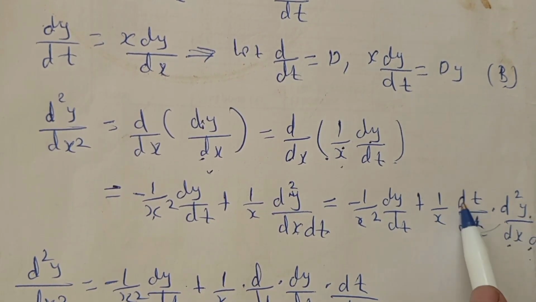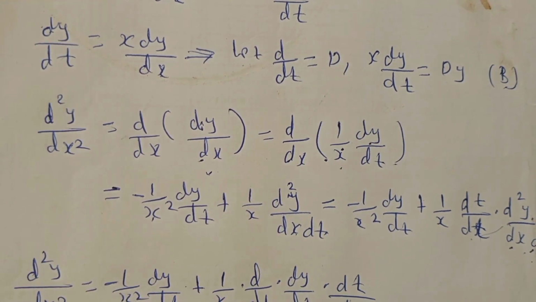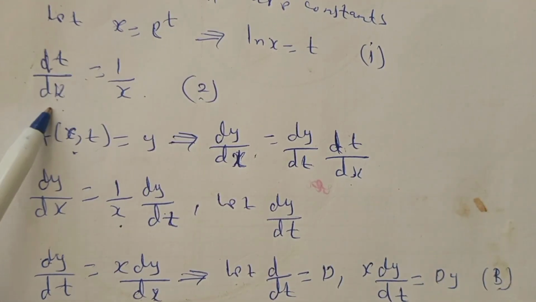Then from here we note that dt over dx is 1 over x, the one we found here.